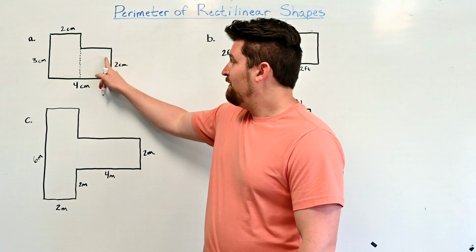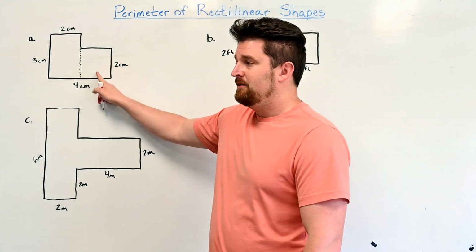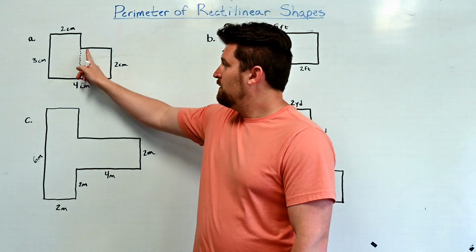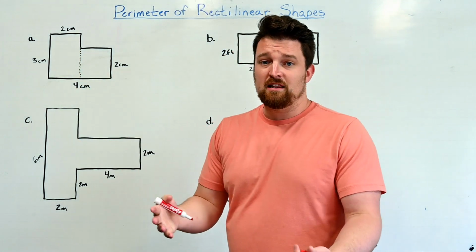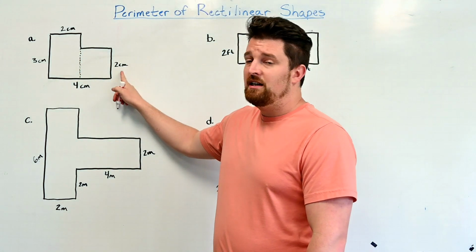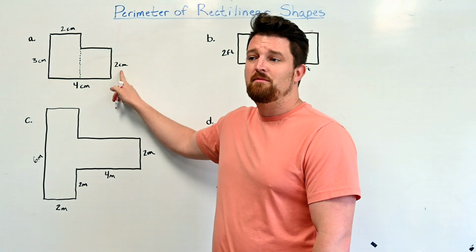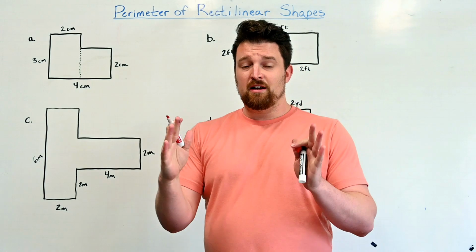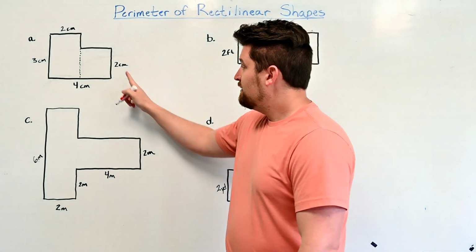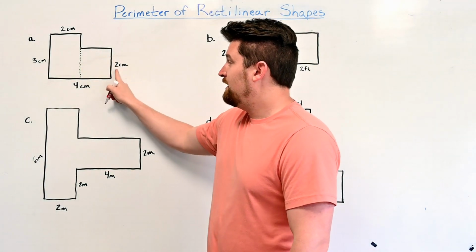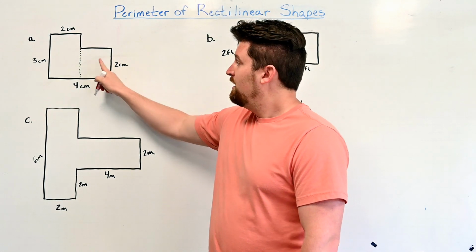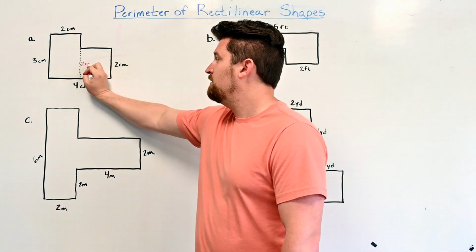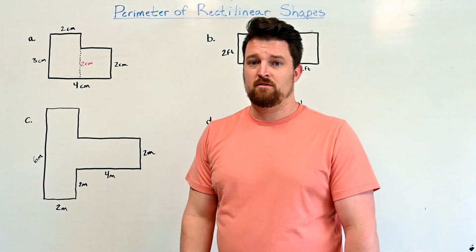Okay? So if I'm looking at this rectangle right here, in this part, I already know what this dotted line or cut line is. If I look over here, I see that this is 2 centimeters. And we know from previous lessons that opposite sides of a rectangle are the same length. So if I'm looking at just this rectangle and I see that this is 2 centimeters, then my cut line right here has to be 2 centimeters as well.